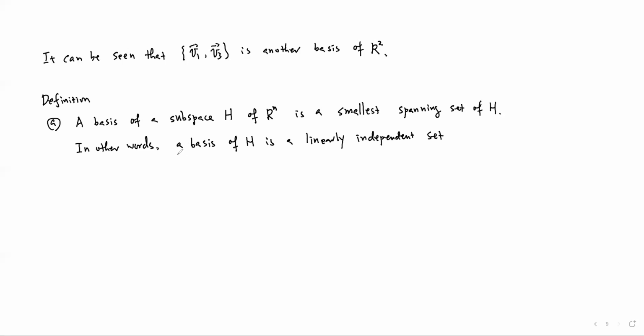A basis is a linearly independent set. The set spans H. In the set, no vector can be spanned by the other vectors, and the set spans H, the subspace. Then the set is called a basis. This is part A of the definition.